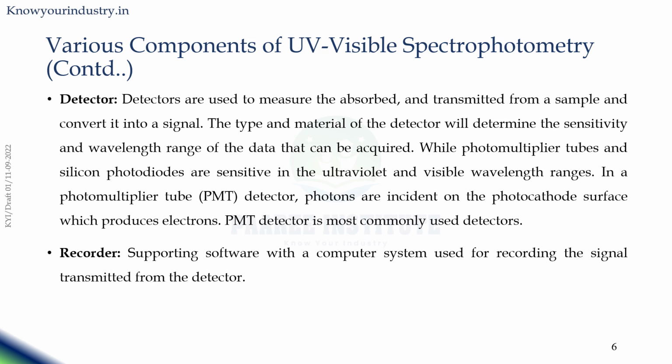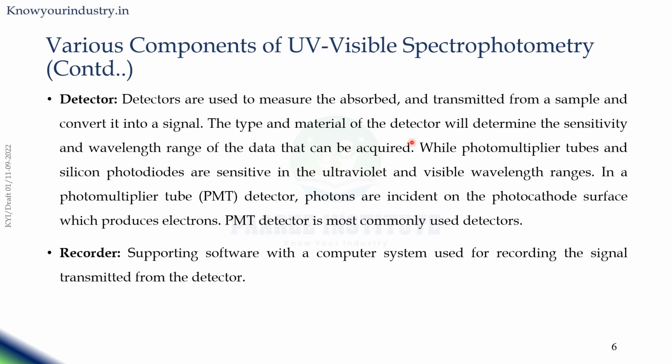The next important part of the UV visible spectrophotometer is the detector. Detectors are used to measure the absorbed or the transmitted light from the sample, and the light transmitted or absorbed will be converted into a signal by the detector.